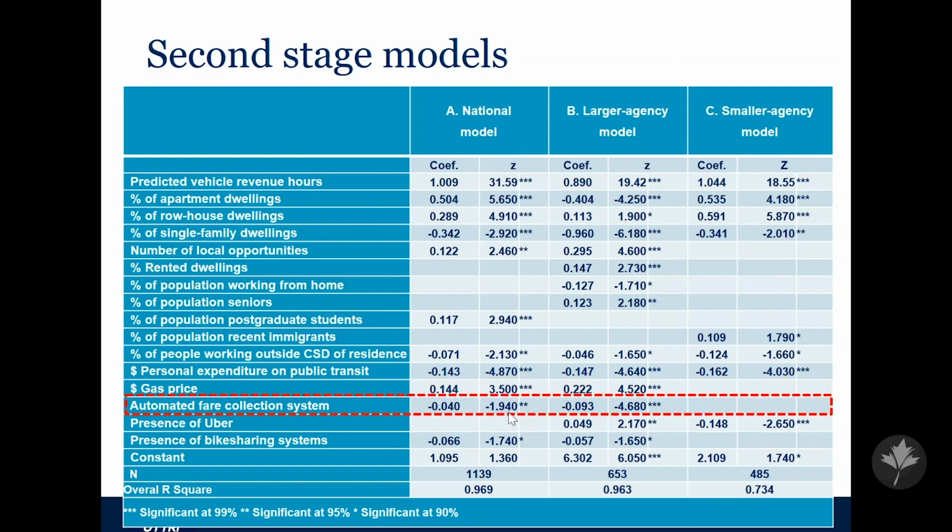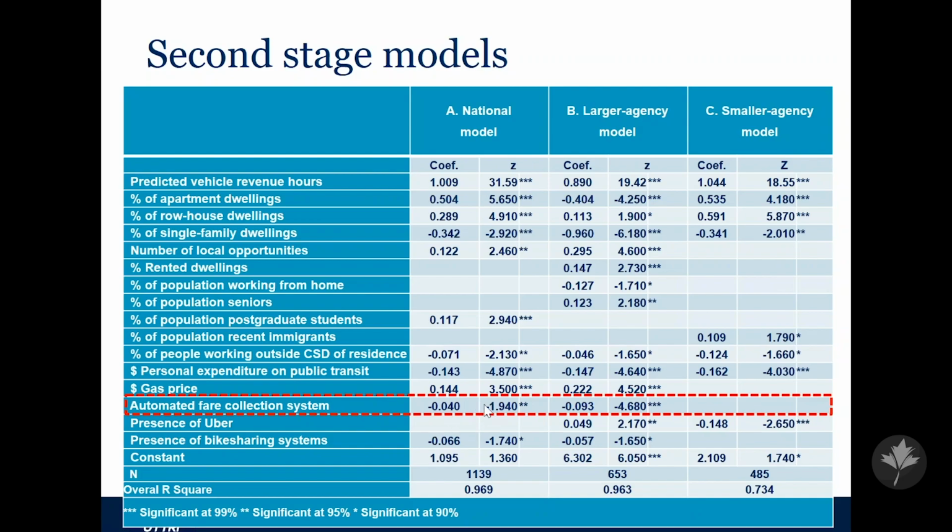We also looked at automated fare collection systems, so agencies that rely on automated fare collection, smart card systems, as a source for ridership data. We wanted to test whether systems that rely on other ridership data sources show any difference with respect to ridership trends.